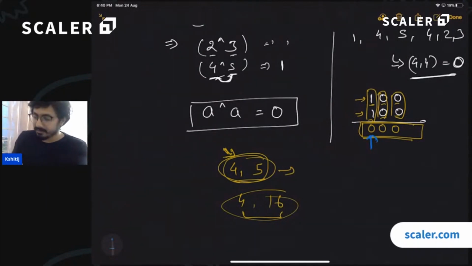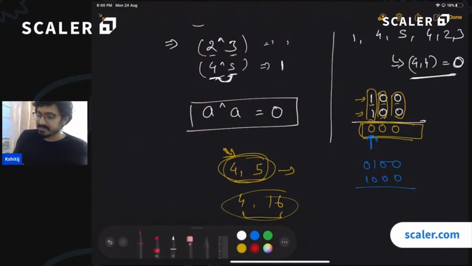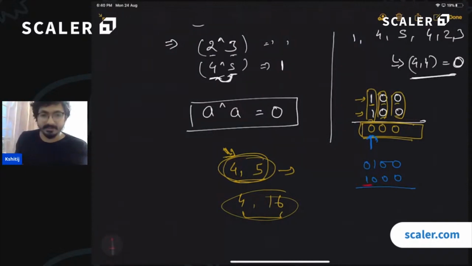For example, if I have 4 and I have 8, the most significant digit which is set in 8 is here. The most significant digit which is set in 4 is here. The number which has got the most significant bit set as left as possible is always going to be a number of higher magnitude, right? Because this is the bit with the highest power of 2, right?